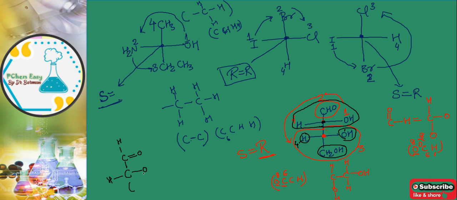Here the carbon is bonded with oxygen, so oxygen, carbon and carbon, and this carbon is bonded with hydrogen. Now you compare this one with this one. As per atomic number, this will be oxygen, carbon, hydrogen, hydrogen.